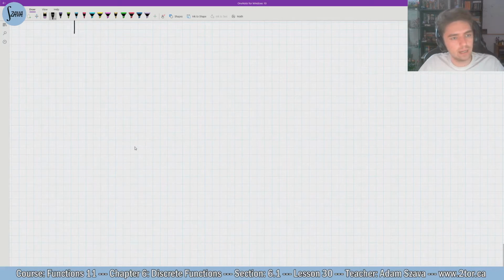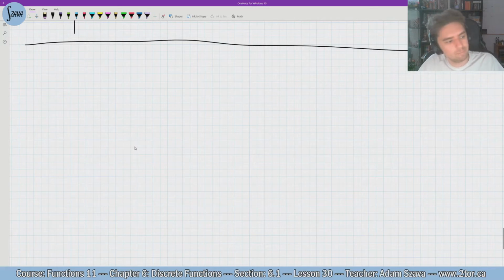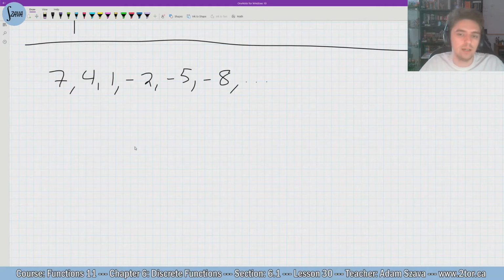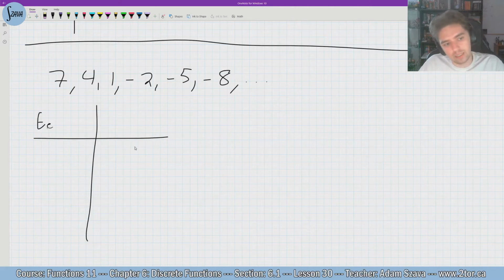Okay, let's take a look at another one here. We have the same question, but our new sequence is 7, 4, 1, negative 2, negative 5, negative 8. Once again, best to make a table of values that relates term number to term value.